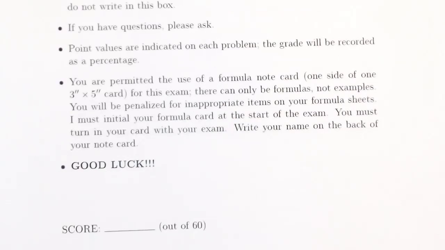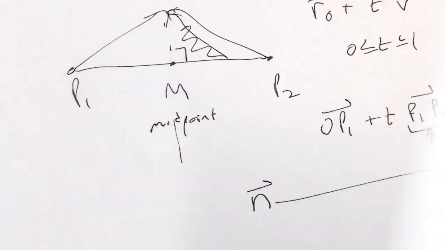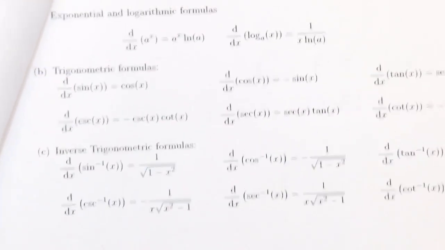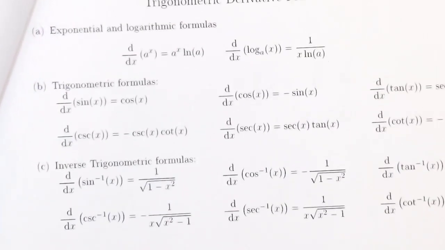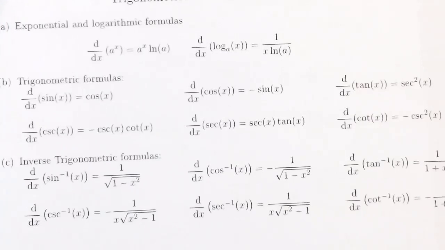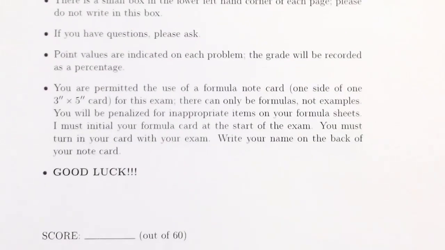But I'm telling you, you can write all sorts of formulas. All of my calc classes got a formula sheet, didn't you? For other stuff we already did. Okay. I'll give you this stuff as well. That's the last page of the exam. So all of those trig derivatives, you get them again. So you don't have to put those on your note card.